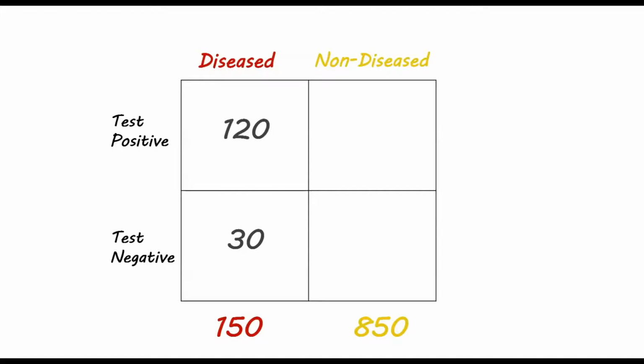On the other hand, 770 people who don't have hypertension, or who we call non-diseased, are correctly classified as negative. 80 are falsely classified as positive, meaning we've now said 80 individuals have hypertension, when in fact they don't.